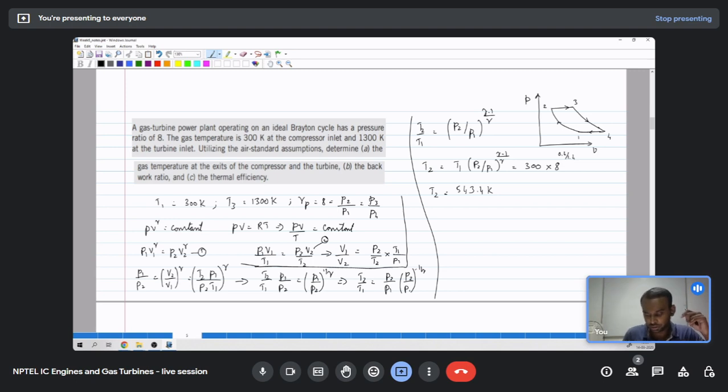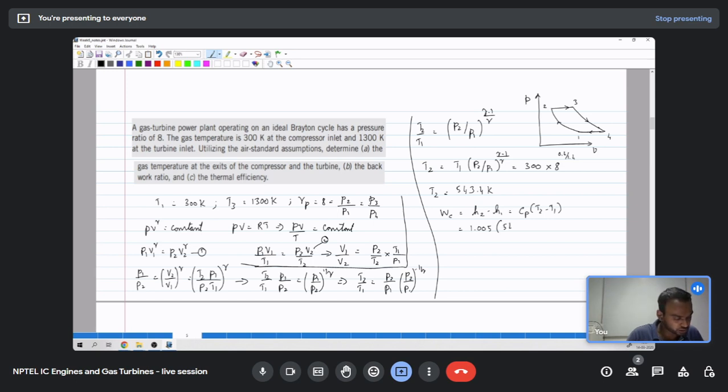Now we need to also calculate the turbine work and compressor work at the later stage. So it is better to keep calculating the compression and expansion work as we know the other parameters. So this compression work can be said as enthalpy at state 2 minus enthalpy at state 1, and this can be written as Cp into T2 minus T1, and we know T2 is 543.4 Kelvin and T1 is 300 Kelvin, and Cp is 1.005 kilojoule per kg Kelvin.